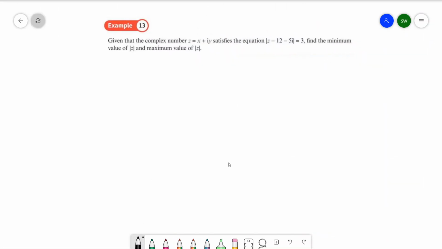So we've got a complex number z which satisfies this equation here. You could do it algebraically or geometrically. Let's do it geometrically. To work out what this locus of points will look like, to work out where z needs to be, we're always going to write it as z minus some complex number.